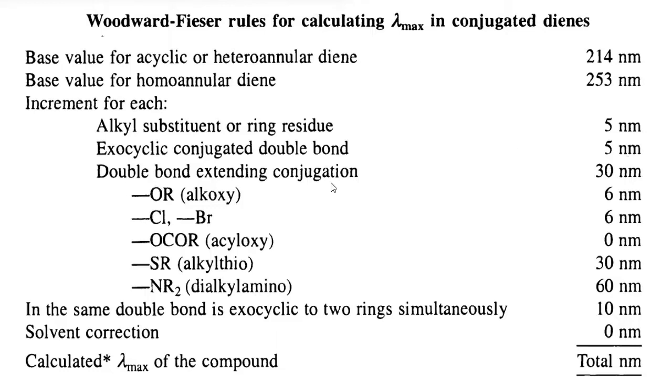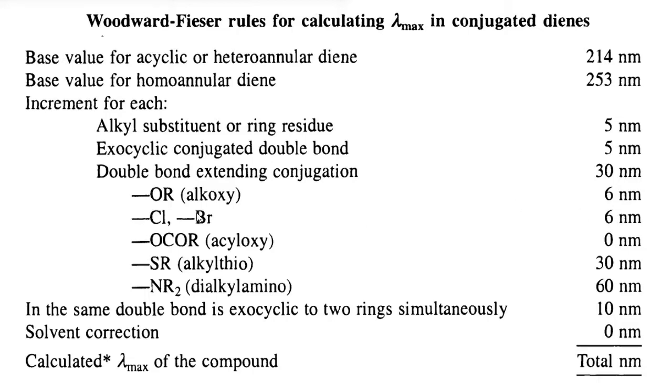For double bond extending conjugation, that means if a double bond is added as conjugation, for one double bond extending conjugation, it is 30 nanometer. Then if a substituent such as alkoxy group is present, we add 6 nanometer as increment.